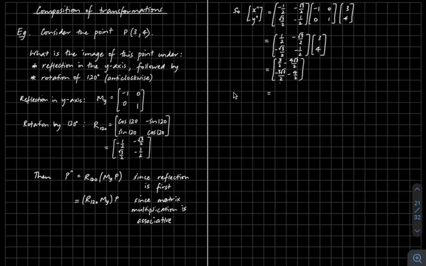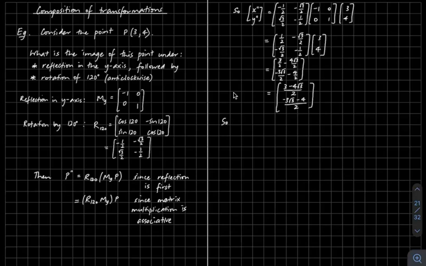The reason for not simplifying those is that it would be a bit neater to write them as a single fraction. So 3 minus 4 root 3 over 2 is the x coordinate, and negative 3 root 3 minus 4 all over 2 is the y coordinate there. So that's the coordinates of the final image point.